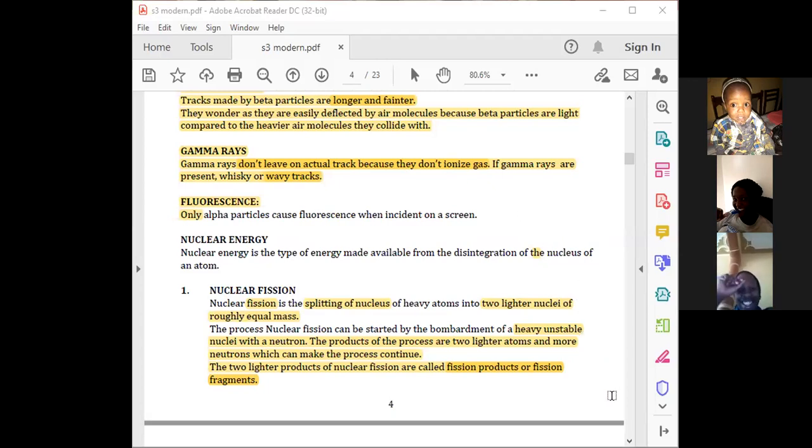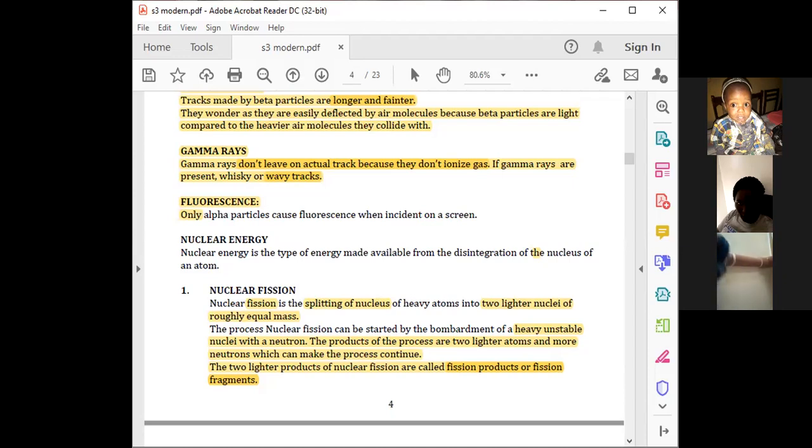Okay, we proceed. Nuclear fusion and nuclear fission. The first is fizzing, then the other will be fusing. To fizz means to split. To fuse means to combine. Here we are going to split a heavy atom into lighter nuclei.